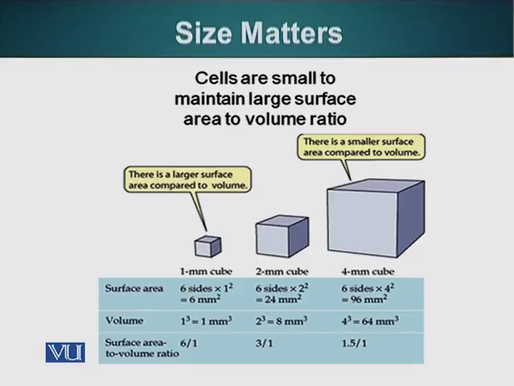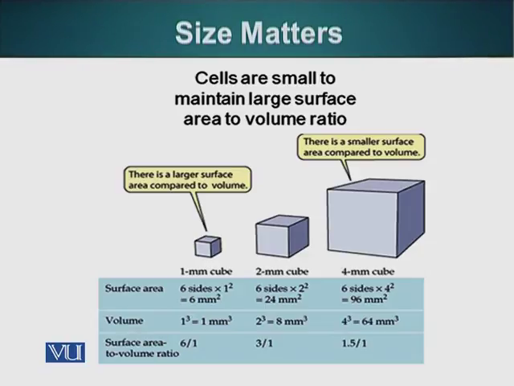Now let's look at a slightly bigger cube. The cube is 2 millimeters on each side. Now if we calculate the surface area, it becomes 24 square millimeters. We use the same approach to calculate the volume. Now the volume will be 2 cubed, which is 8.